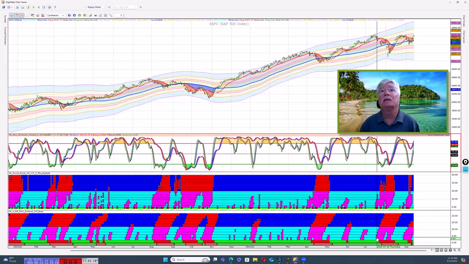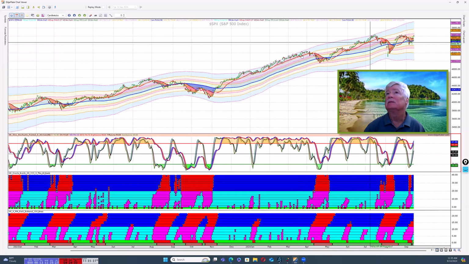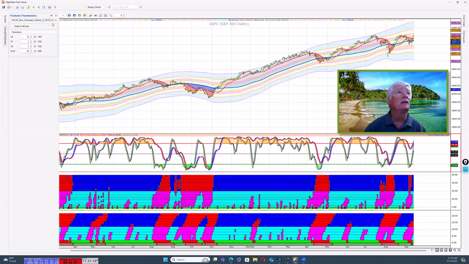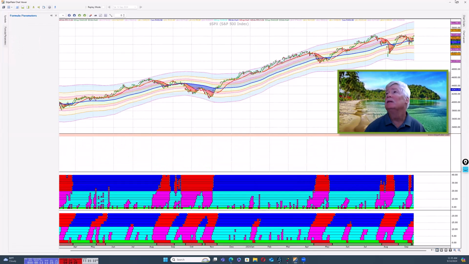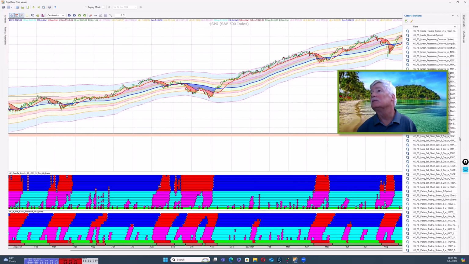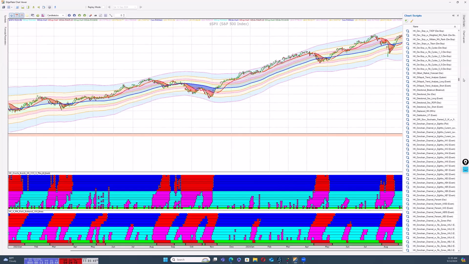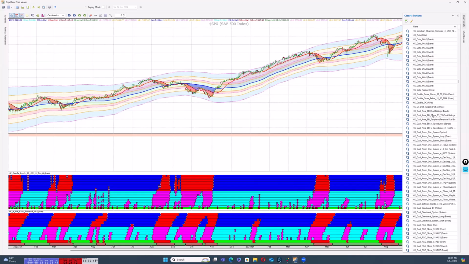That's how I trade. And I not only use ATR bands, let me take this one off. I end up using Bollinger bands. And there's another way that I use Bollinger bands. Dual area Bollinger bands with speed lines.